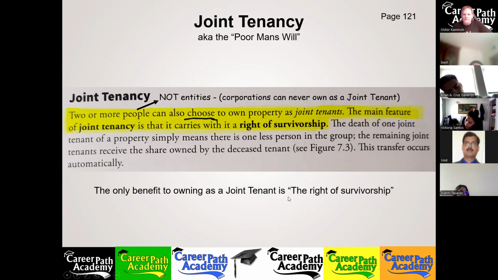It can't be passed down because those owners have the right of survivorship. They have the right to inherit the interest of the owner who died.